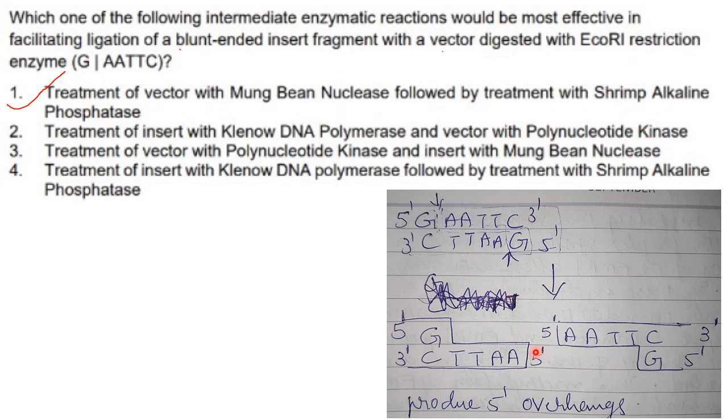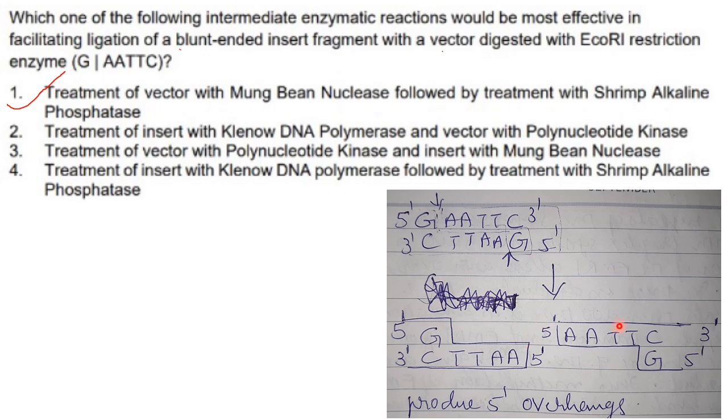So the 5 prime phosphate will be present over there, which is not required because it will result in vector self-ligation. That means the insert will not be present in the vector. The vector itself will ligate and sit there. The insert will not be there in the vector.